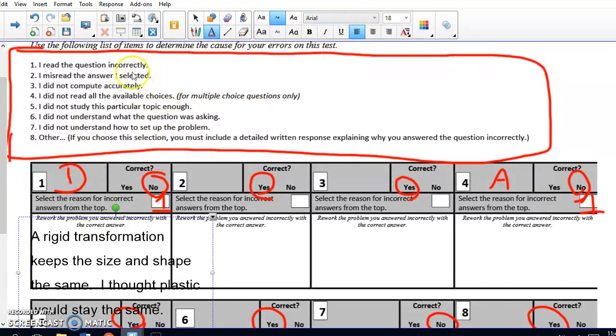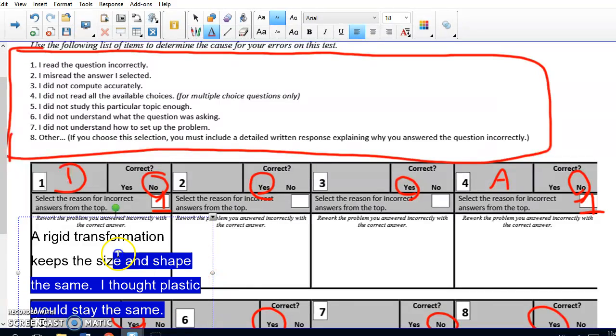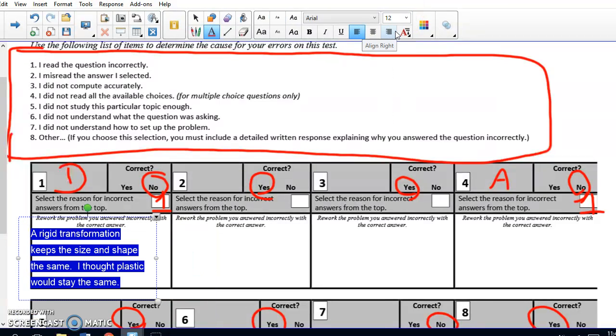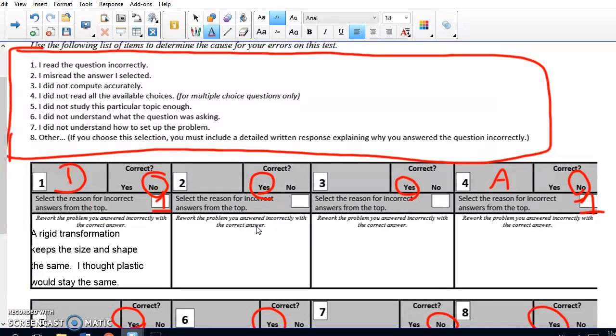This is just an example. And so then I'm going to make this smaller so it fits inside the box so you can see it a little better. And so then I've given a reason for why the answer is correct in sentence 1, and I even explained what I was thinking at the time, which I didn't have to do. Now for those that I got correct, there's nothing else I have to do. So the next one I have to come over to is number 4.